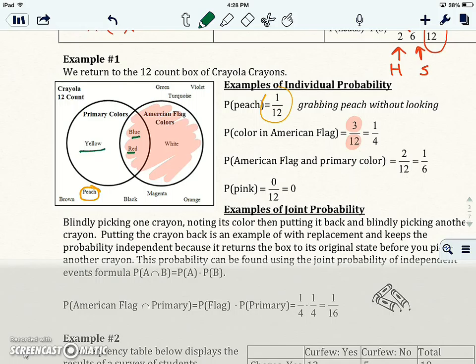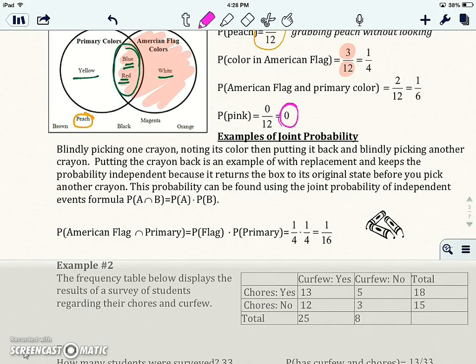American flag colors obviously are blue, red, and white. And so if we look, how many colors are both? 2 out of 12, or a 1/6 chance. And then the probability of getting a pink crayon, well, this box does not have pink, so in this case it's 0%.